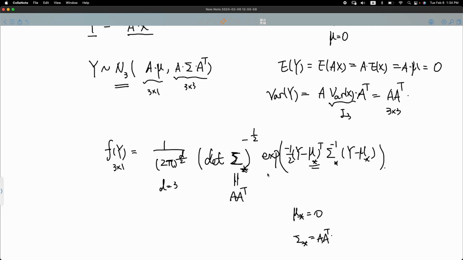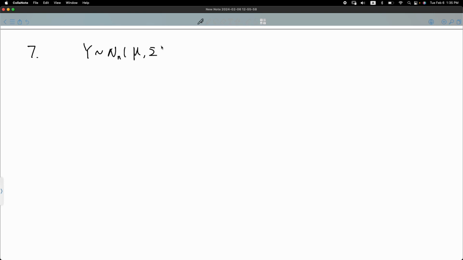Okay, if not, then let's talk about question 7. Here y is an n-dimensional vector with a column of mu and sigma, so everything is n by 1, n by n.